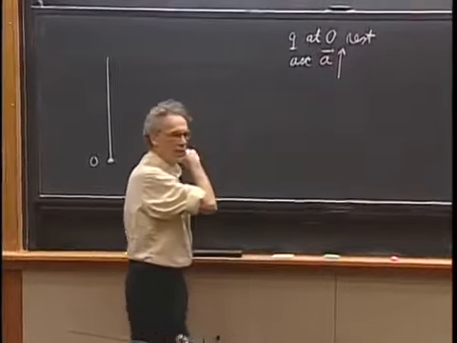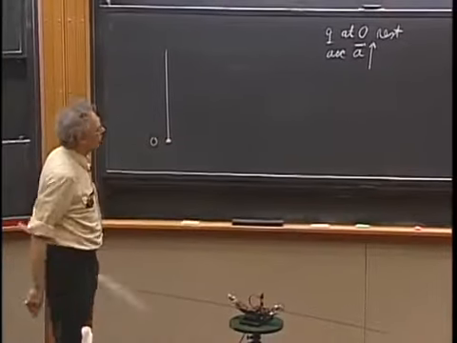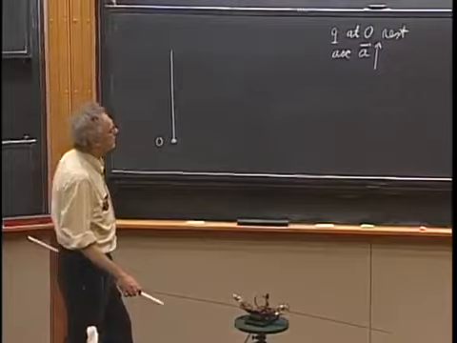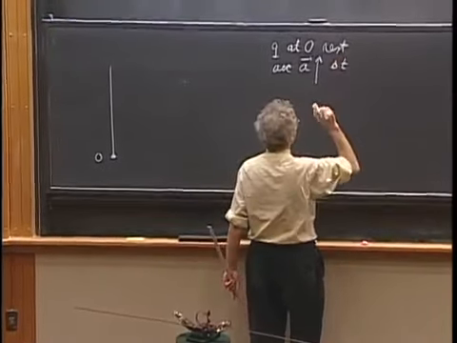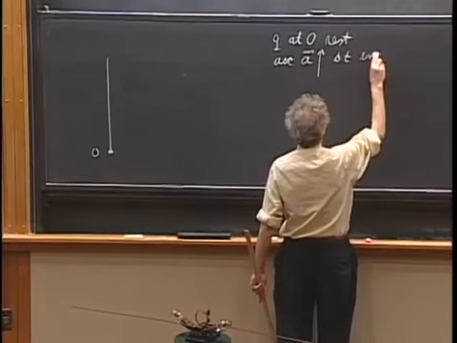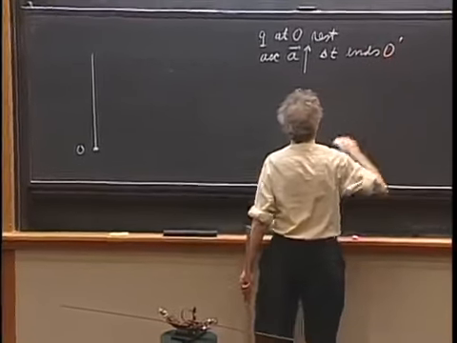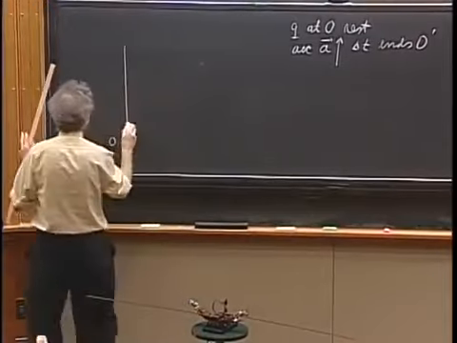I will not put the vector in there now, I will do that later, otherwise the picture becomes too complicated. And I do that for delta t seconds, only very brief. And then it ends up at location O prime, which is here.